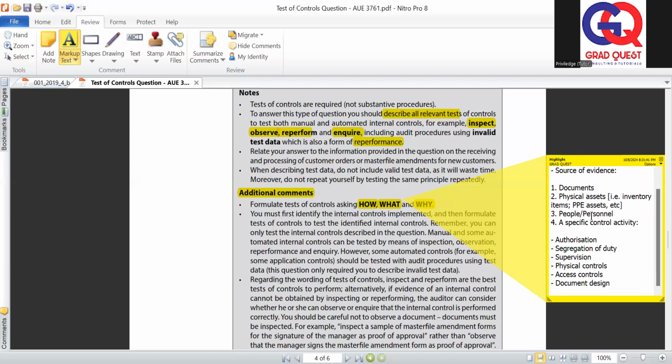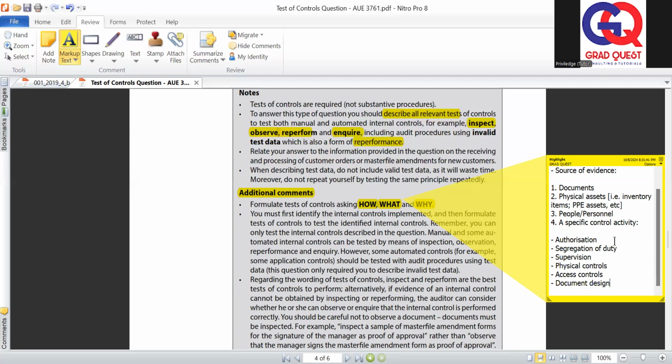Now I want you to observe, if it's a specific control activity, how do I test whether there's authorization? How do I know that authorization has taken place? We think of it in the manual environment: how will I know that authorization took place? That is, if I identify signatures on a document. Are we together?